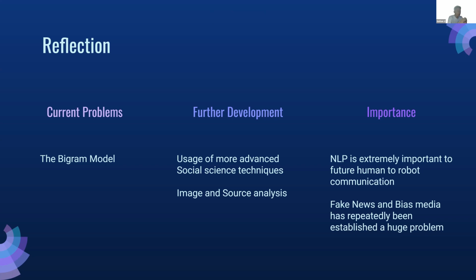One of them was the usage of more advanced social science techniques. One of the propositions made in another social science paper that didn't look into actual computation, but just speculated, was the use of news aggregators. We would have 10 articles reviewing the same exact event and see how they compare.